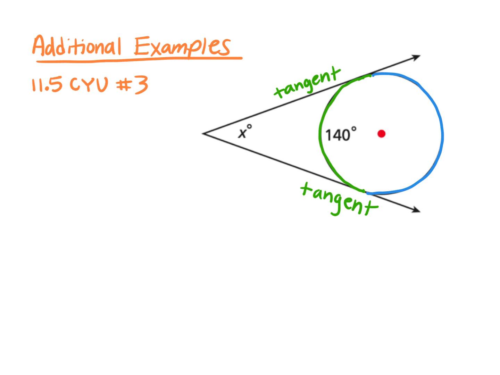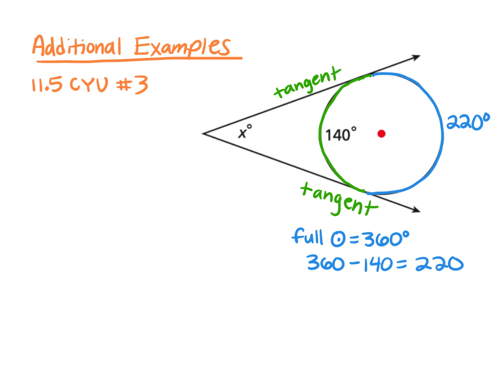Well, a full circle is 360 degrees. So that blue arc that I just drew there is whatever 360 minus 140 is. And you can see that is 220. And now we have both of the numbers that we need in order to find x. X, that exterior angle outside the circle, is half the difference of the intercepted arcs.